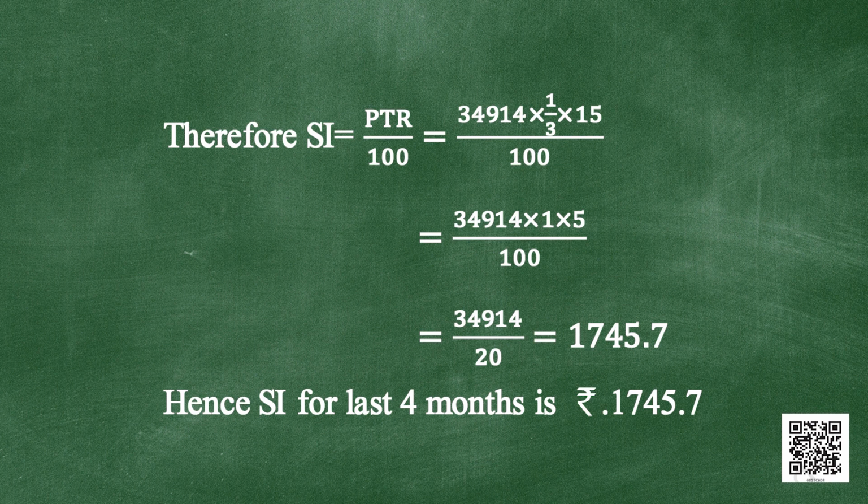We have cancelled the 3s and the 5s. So, upon simplifying this, we have 34,914 divided by 20, that is equal to rupees 1745.7. Hence, simple interest for the last 4 months is rupees 1745.7.